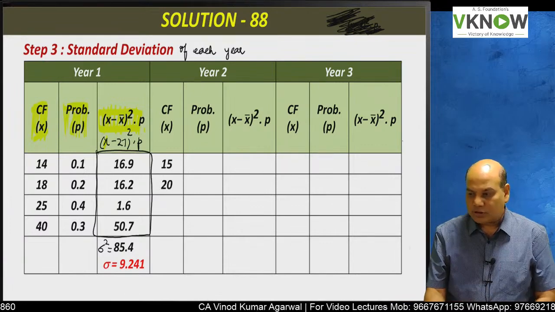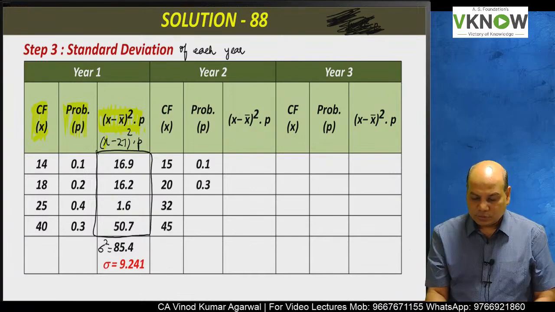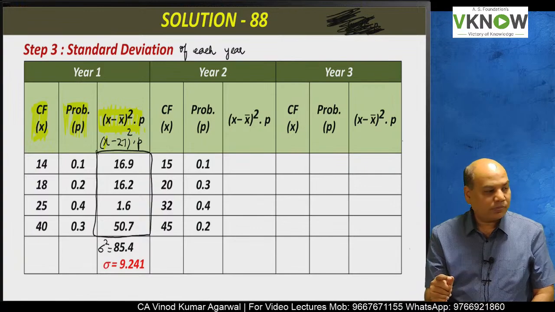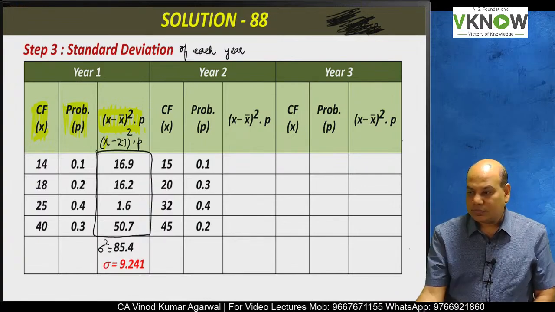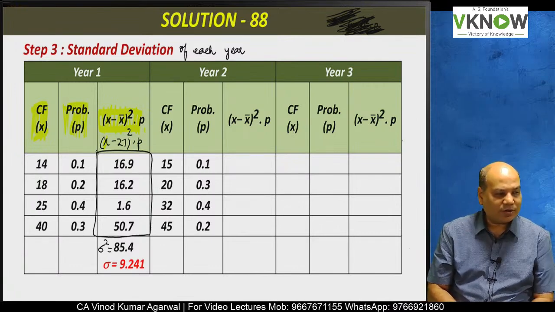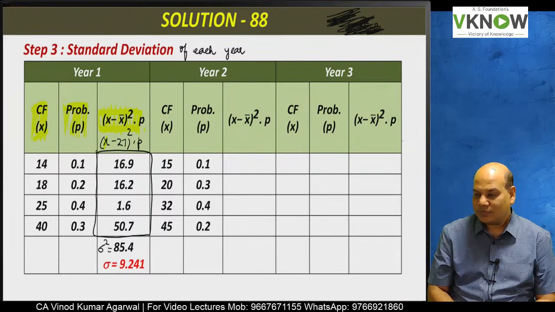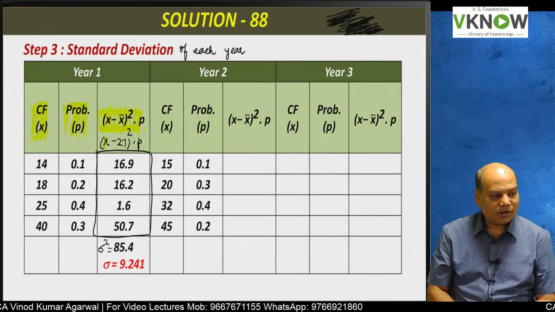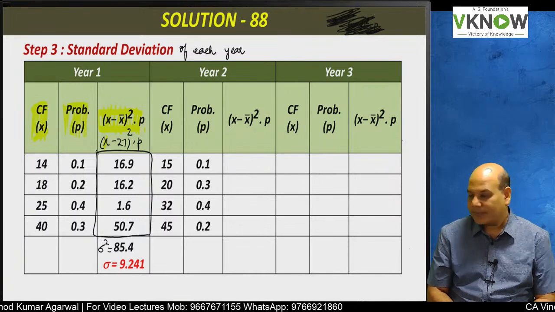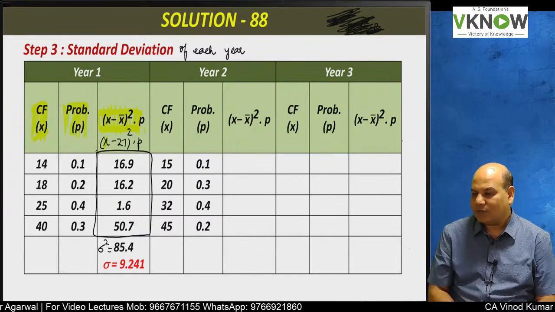Year 2, first column, cash flow, copy from question; probability, copy from question. Now try the standard deviation yourself. I'll wait for 40 seconds. Deadline is 40 seconds. Once you complete it, please give me the answer. Then I'll go to the next year. Those who are copying, I will again request you, give up that habit.